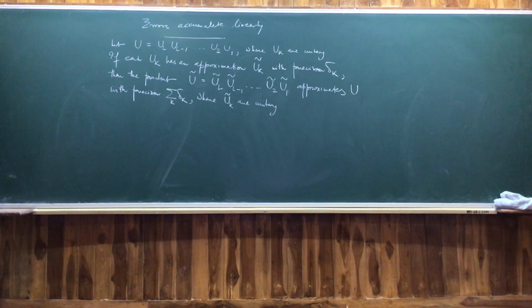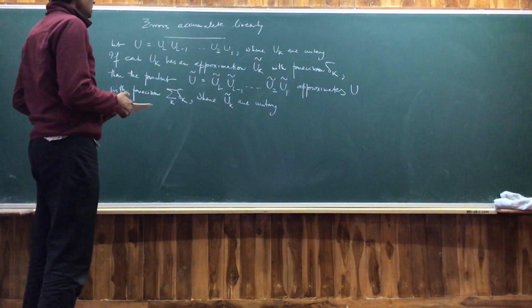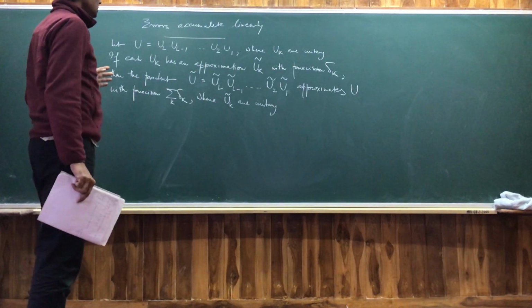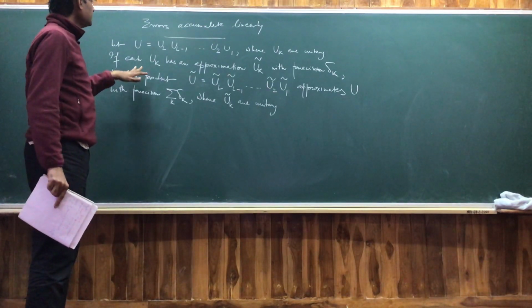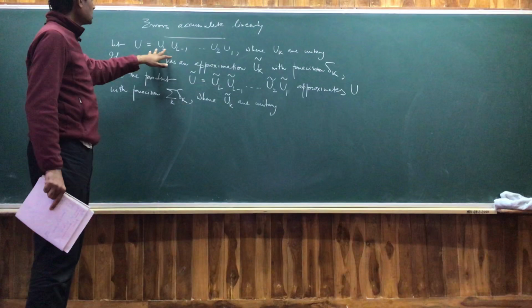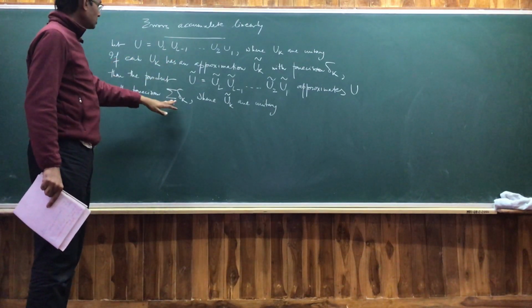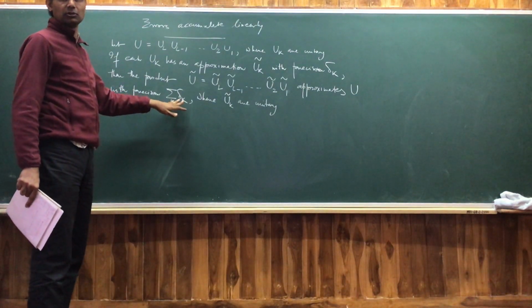This is the thing that I wish to prove. You can show, though we will not go in that direction, that if the operations are not unitary, then the errors could propagate even faster than linearly, and the situation could be worse.